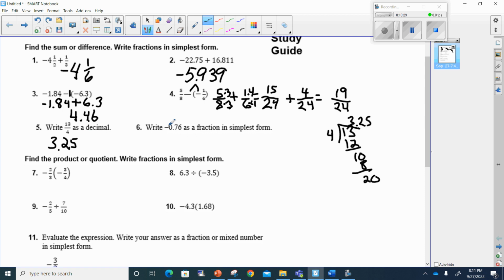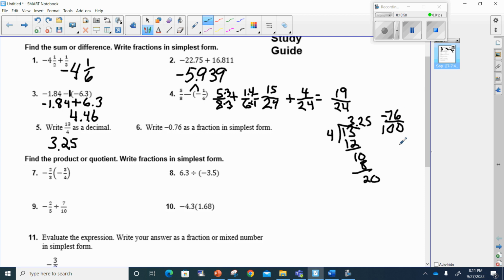All right, write negative 0.76 as a fraction in simplest form. Remember, I can take 0.76, change the dot into a line, put a 0 underneath each number and put a 1 in front. Now I have to reduce.